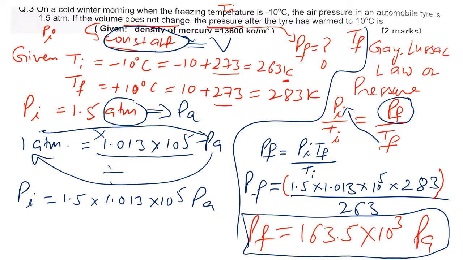If you are moving from the left hand side to the right hand side, you multiply by this number to the given number, and if you are moving from Pascal to atmosphere, you divide. So by using this rule, the initial value of the pressure is 1.5 multiplied by 1.013 into 10 to the power 5 Pascal.